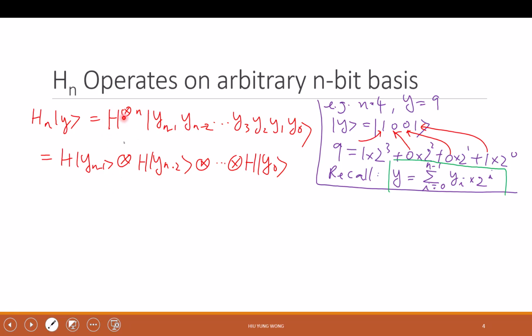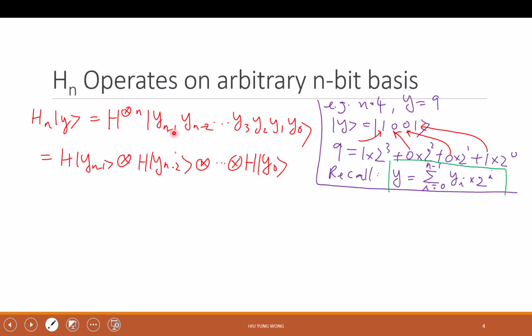The operator acts on the n-qubit space, a 2 to the power n dimensional complex number space. So I have n H's tensor producted together, but each of these H applies to each of the qubits, and that's why I can write this. I hope you recognize that this whole thing is the tensor product of n qubits.